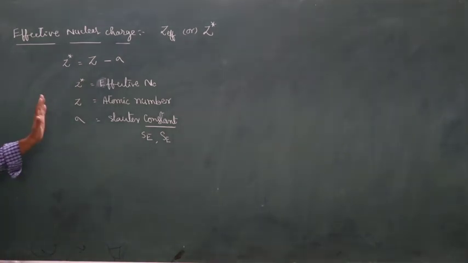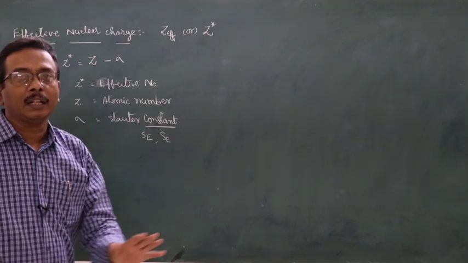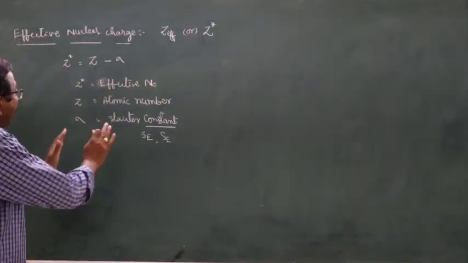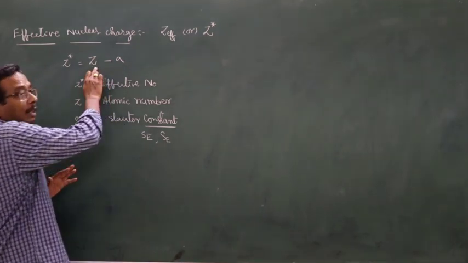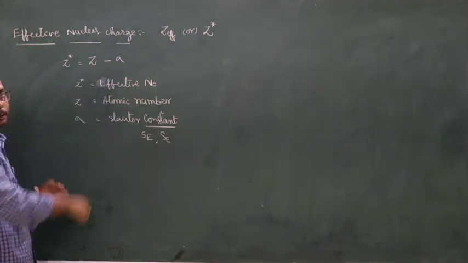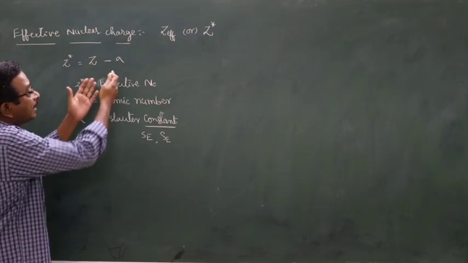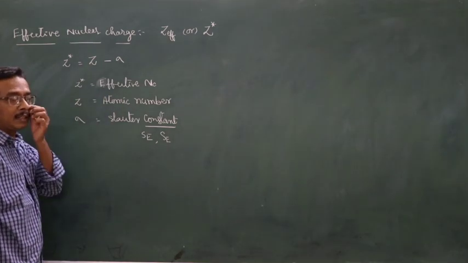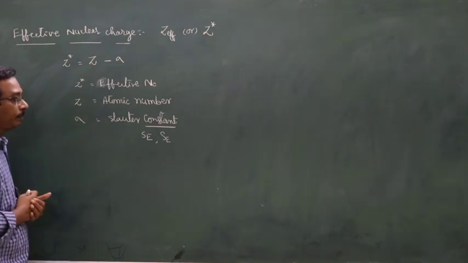This is the expression used to calculate the effective nuclear charge. Why are we using atomic number in this expression? What is Slater constant? And how can you calculate the Slater constant? That we have to know.